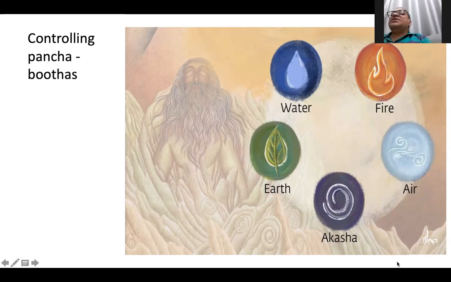Water, 3/4 of the world is water. 3/4 of our body is fluid, which is water, in forms of either blood, lymph, phlegm, the semen and the ova. All these water fluids in our body, are we not able to control that?